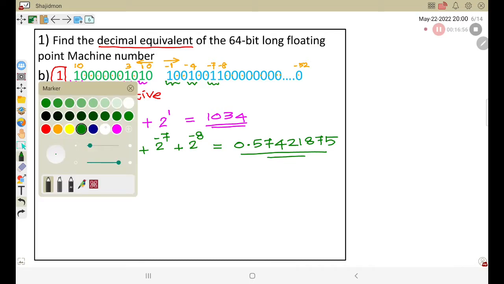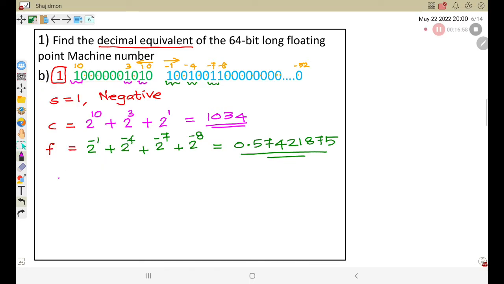Now we find the decimal number. Write the rule first: decimal number equals (-1)^s multiplied by 2^(c minus 1023) multiplied by (1 plus f).